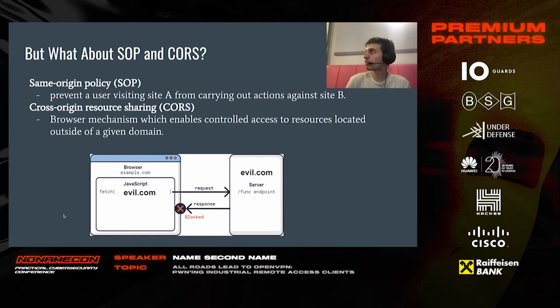It will not prevent the request itself. So the request to evil.com will be executed, but the browser will not allow this page of example.com to read the response from evil.com.